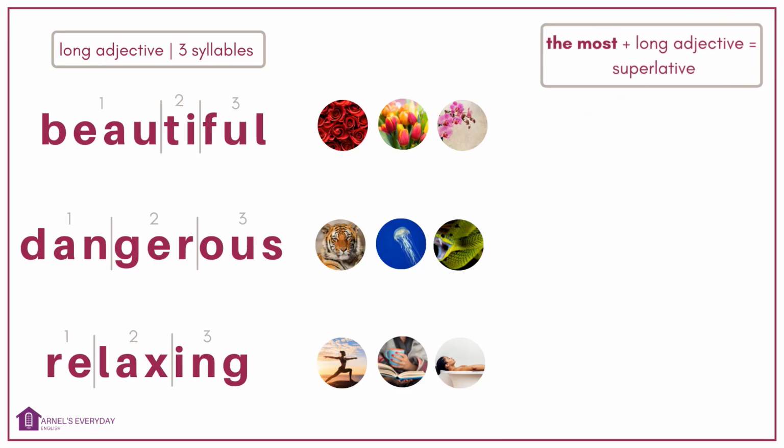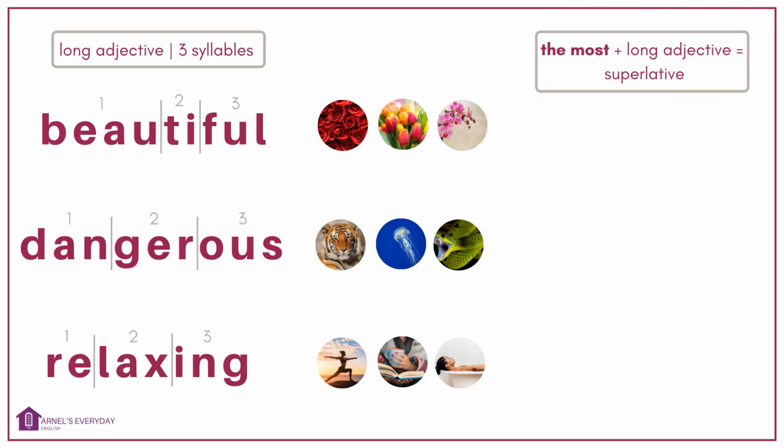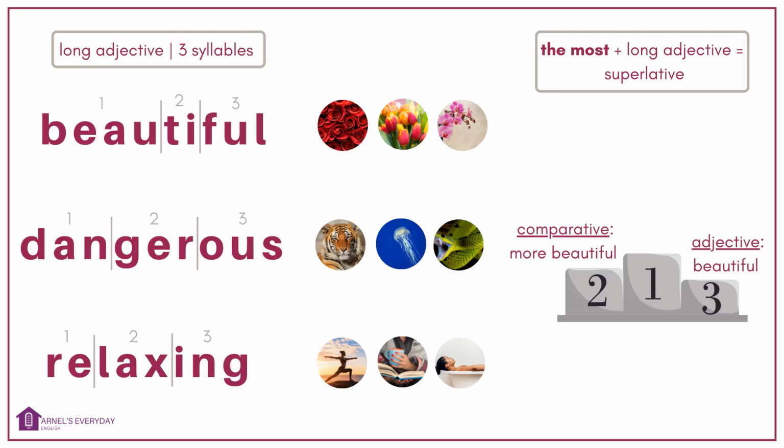We use the most plus long adjective to form the superlative. For example, beautiful, more beautiful, the most beautiful. Superlative means the number one. With the most, we are not speaking about the majority. It's all about that number one position.